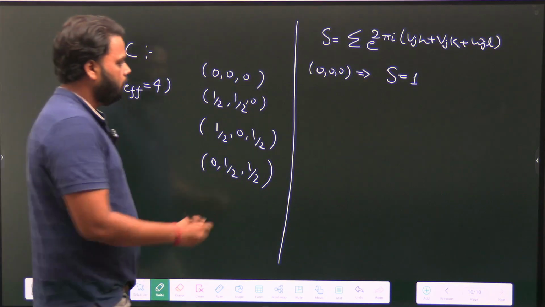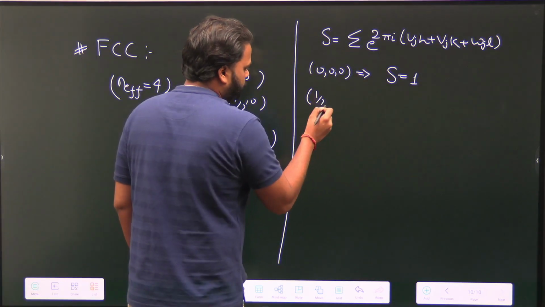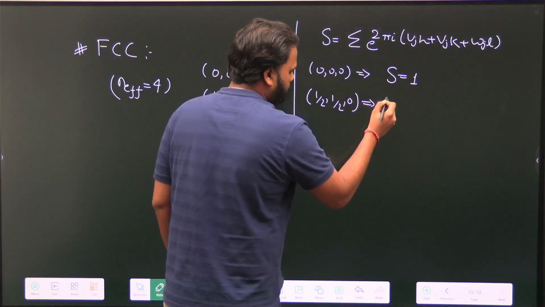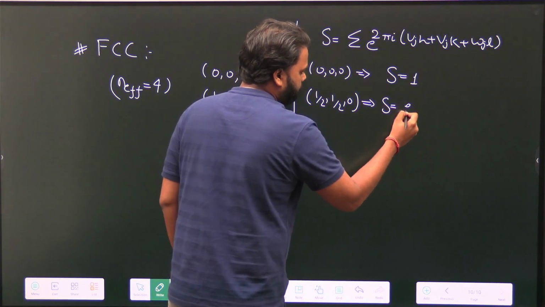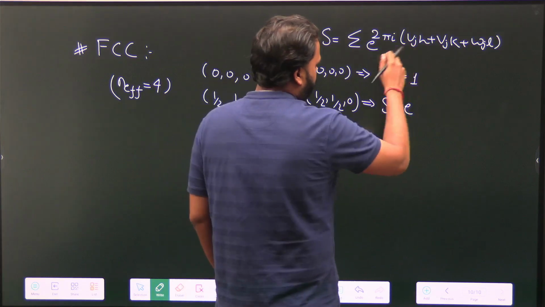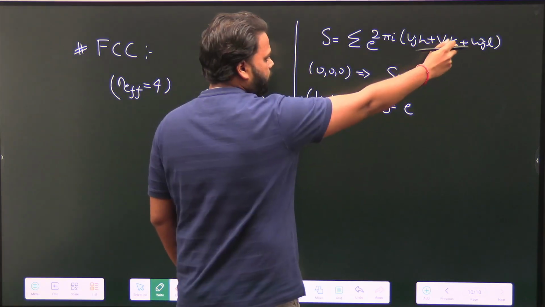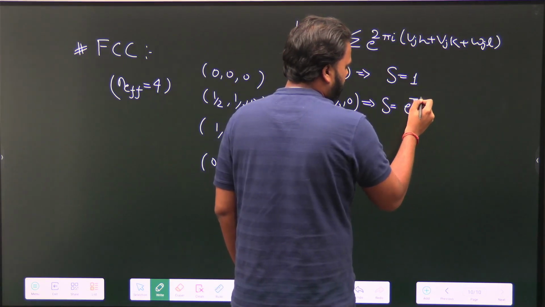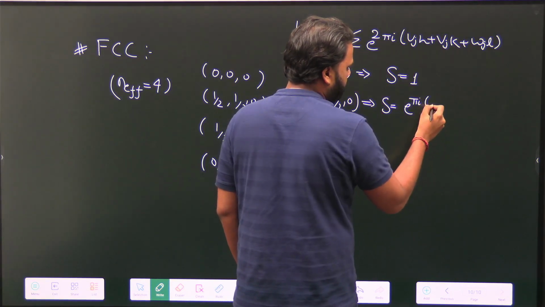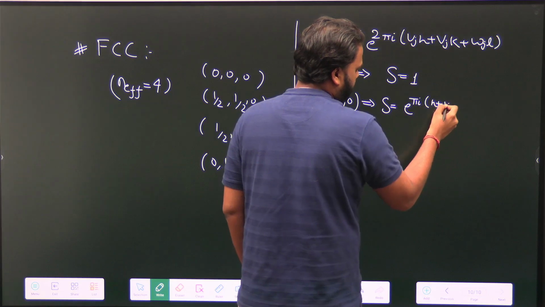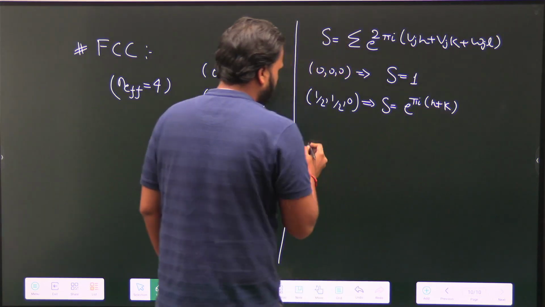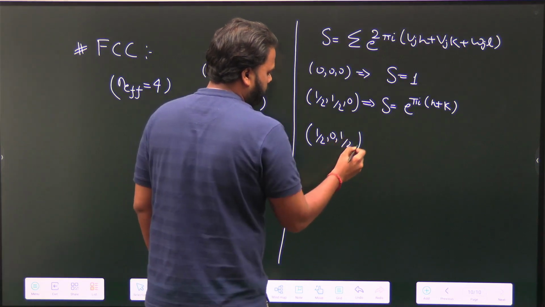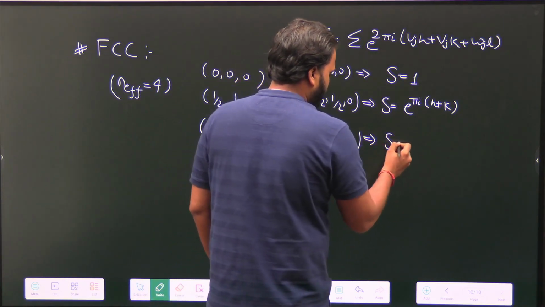For 1 by 2, 1 by 2 and 0, the value of S will be, when you put the value 1 by 2, 1 by 2, 0, this term will vanish, and you will get e to the power i pi (h plus k). For 1 by 2, 0, 1 by 2, the S will be what?